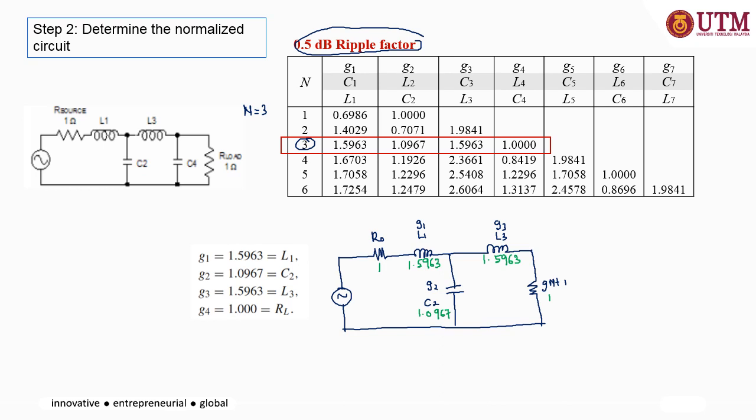N equal to 3, so the last component is L3. Get the values into the normalized circuit, and lastly, terminate with the normalized load impedance equal to 1. Once you have the normalized circuit, as usual, the third step is the filter transformation from the normalized circuit into the required type of filter circuit.